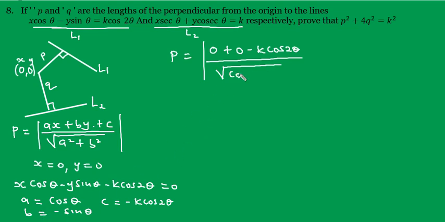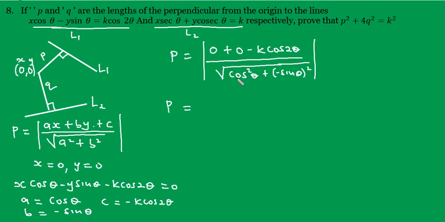that is cos squared theta plus b squared, that is negative sin theta squared. Down here we shall get cos squared theta plus sin squared theta, and we know that is 1.